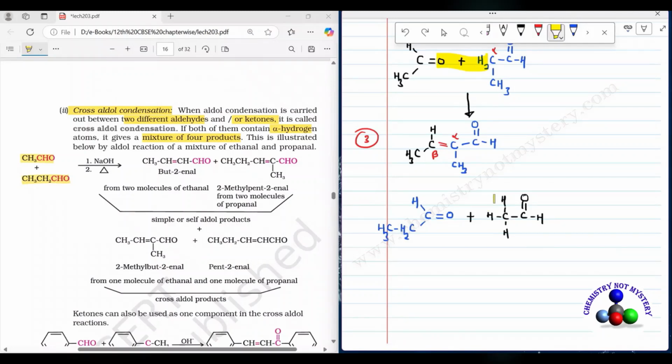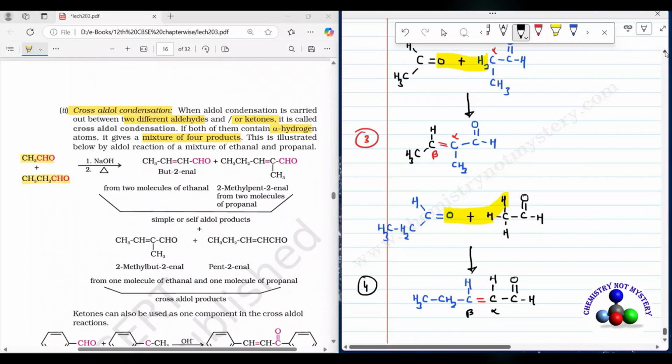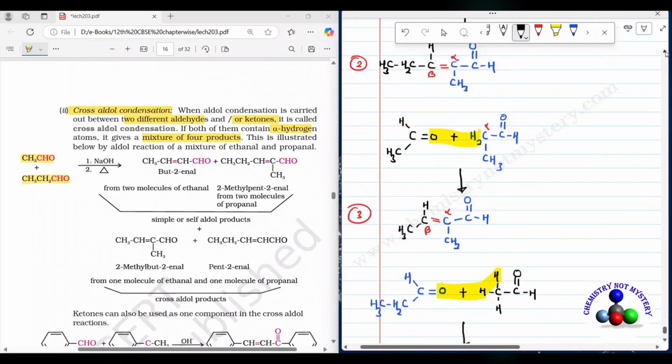Now remove oxygen from propanal and alpha hydrogens from ethanal. Now draw the product of this reaction. So here you will get CH3, CH2, CH, double bond will be formed with this carbon and here you will get CH and here it is bonded with C double bond OH. So this is an alpha beta unsaturated aldehyde. So this is the fourth product of the cross aldol condensation between propanal and ethanal.